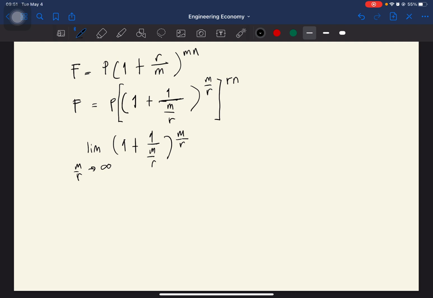Okay? Anong limit nito? Itong term na to as M over R approaches infinity. Kung napag-aralan, malamang nabanggit ito sa calculus pero hindi mo masyado tanda. Pero the limit of 1 plus 1 over x raised to x as x approaches infinity is a special number.